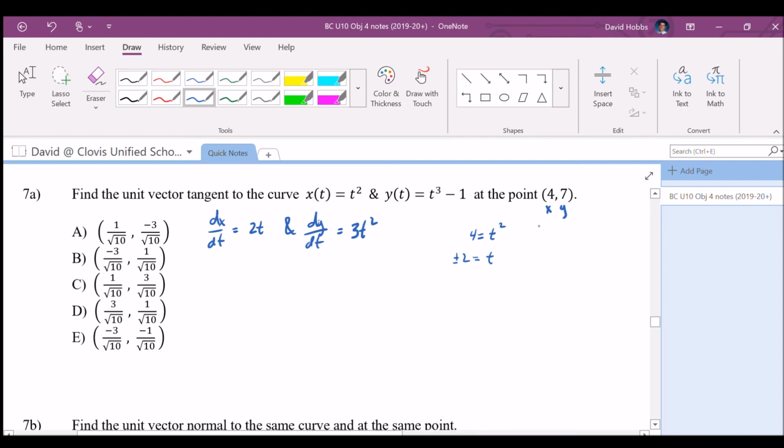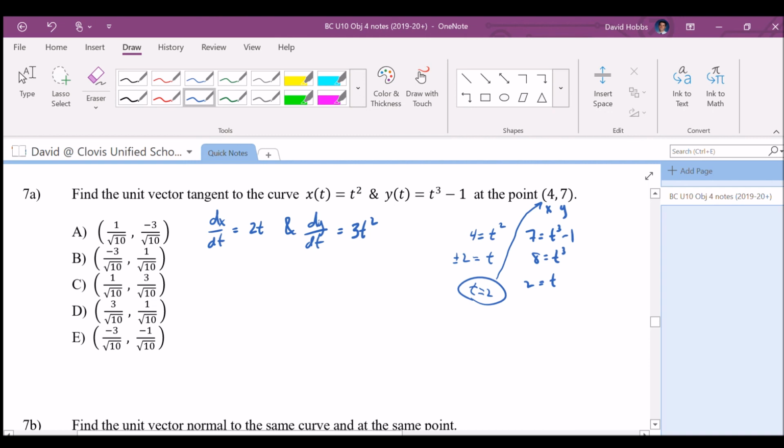Let's check the y. 7 equals t cubed minus 1. So 8 is t cubed, and so t is just 2. And so t equals 2 is when that is happening.